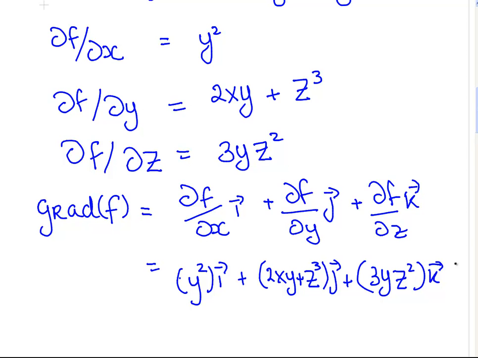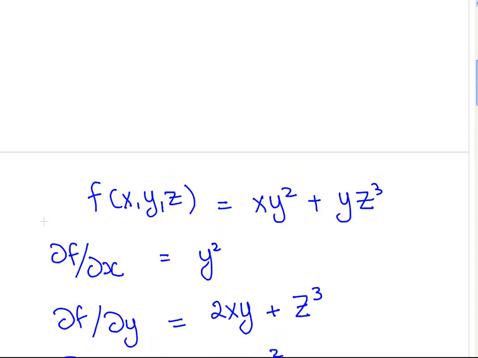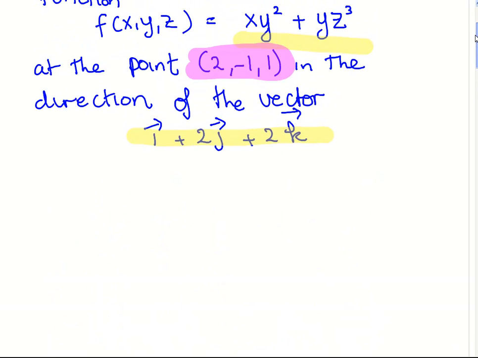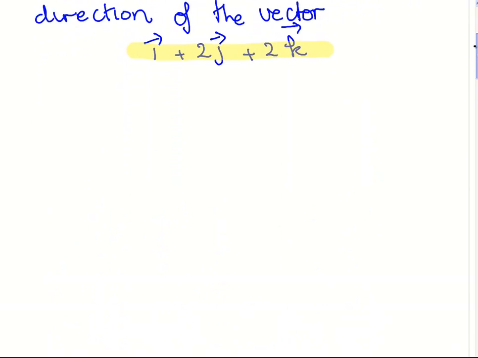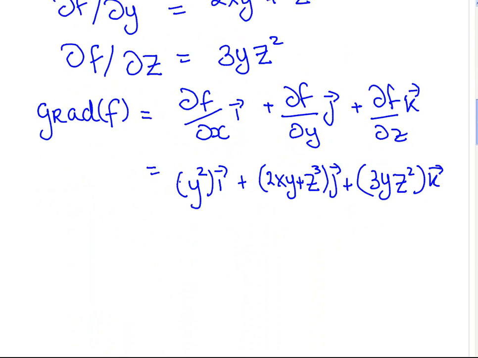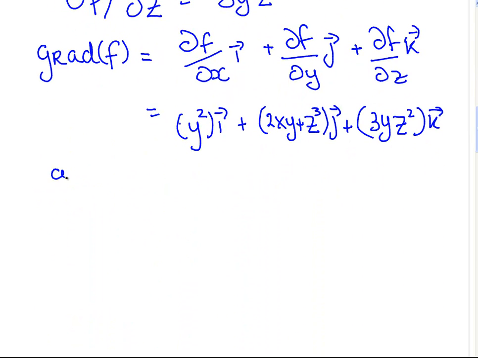Grand. Now what we're going to do is evaluate that at the point, let's just go back up here and recall that we have to evaluate this at the point (2, -1, 1). So at the point (2, -1, 1), what do we have there?